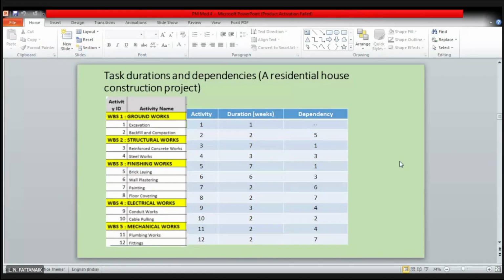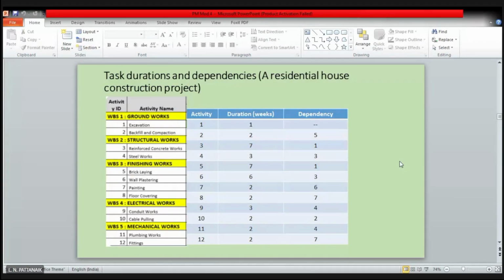For example, under the groundworks, you have excavation, then backfill and compaction. So these two activities. Now, WBS 1, the groundworks, is not an activity, but excavation is an activity. That is activity ID 1, right? Although it falls under groundworks.